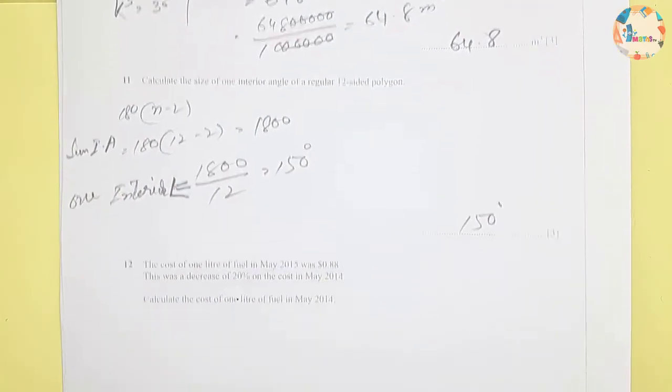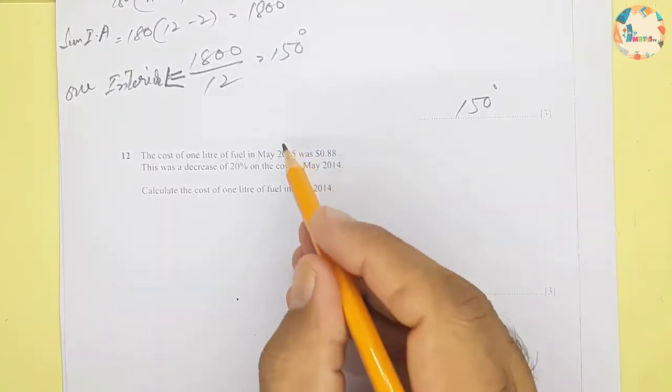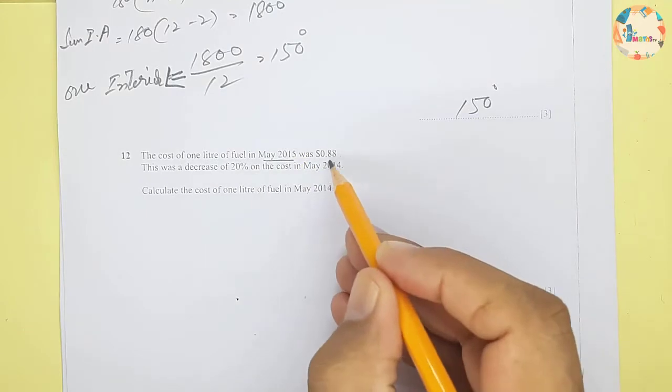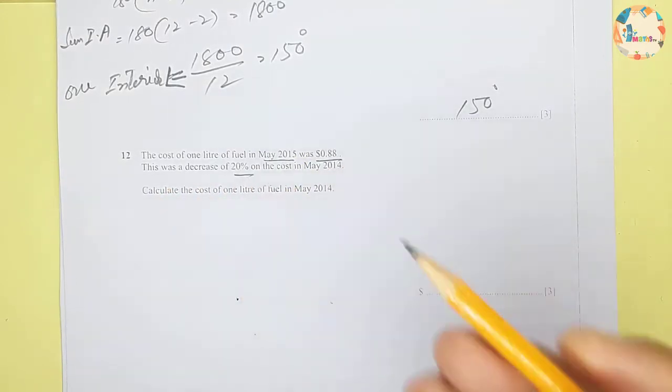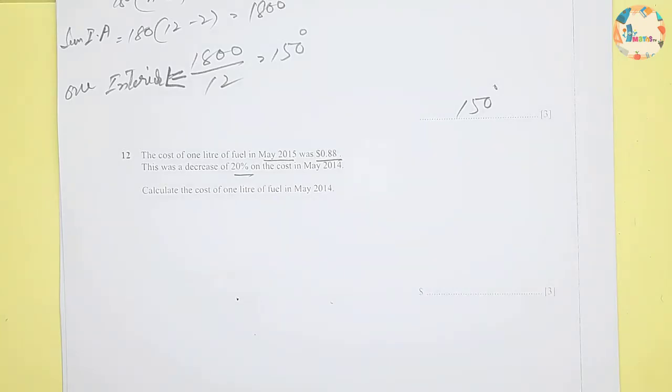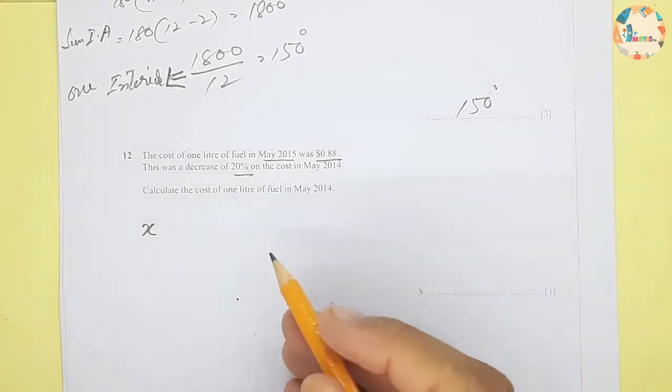Now question number 12. The cost of 1 liter of fuel in May 2015 was this. This was a decrease of 20% on the cost in May 2014. So calculate the cost of 1 liter of fuel in May 2014. So this is basically a reverse percentage question.